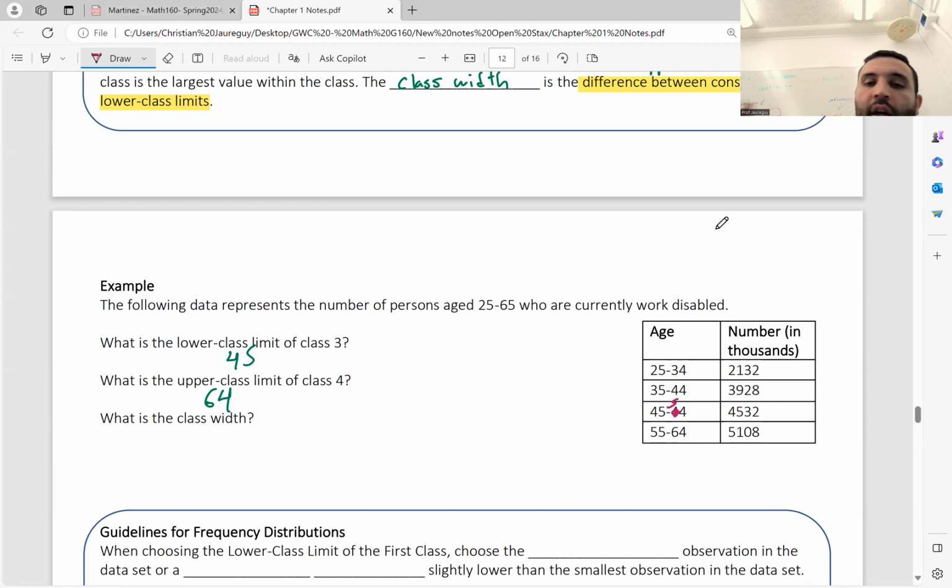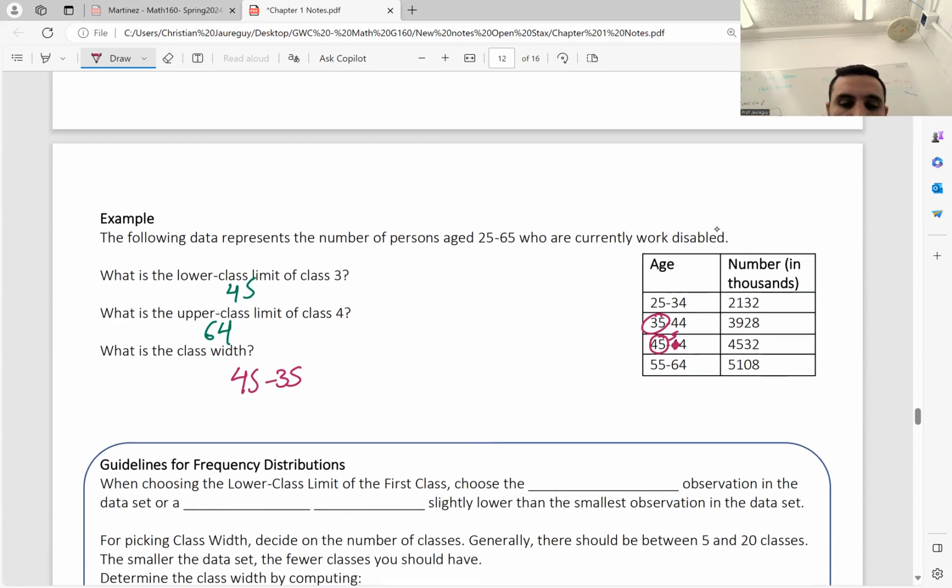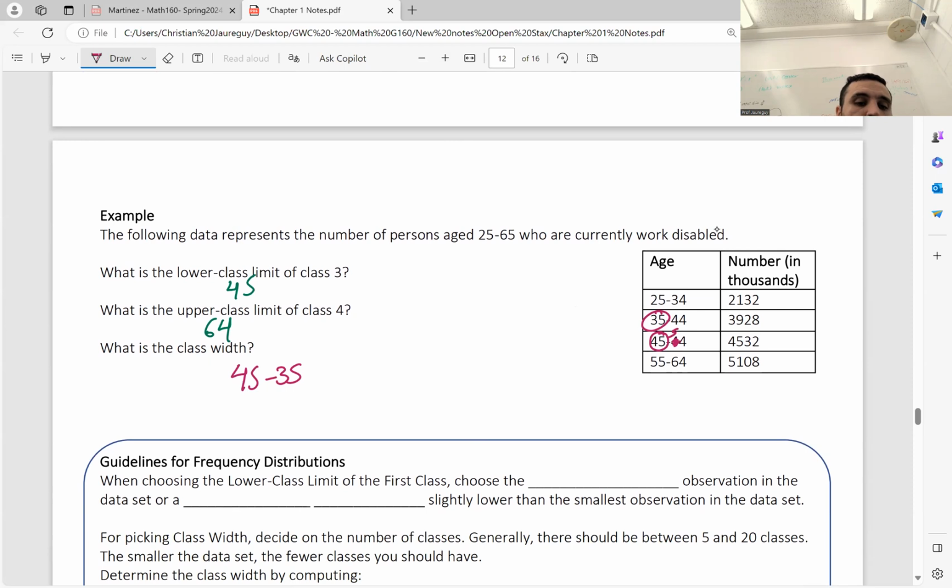But anyways, it'd be the difference between lower class limits. So the difference between 45 and 35 would be your class width. 45 minus 35, which is 10. So your true class width here is 10. And that makes sense for a couple different reasons.